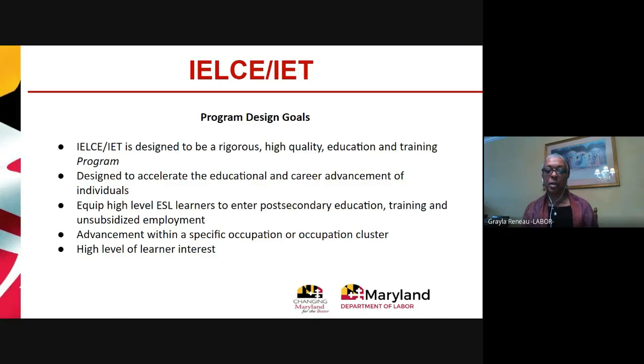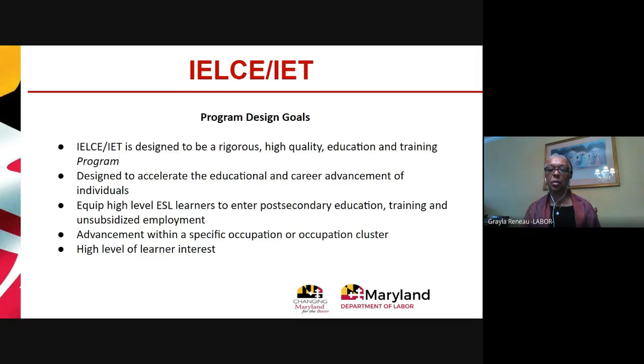And then it is also equipped to advance learners within a specific occupation or occupational cluster. So you may have learners in your program who are already working. They may be working in the field that they want to have a career in, but they can't advance because they lack the English language skills or they lack some of the academic skills that they need in order to move up in that career.